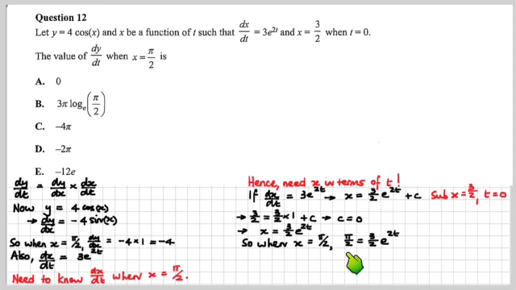We've eliminated everything but the e to the 2t in this equation, and therefore we don't need to solve it for t. Just e to the 2t is good enough, because we can see that e to the 2t is pi on 3, and therefore dx by dt is 3 times that, which is pi in the sky.